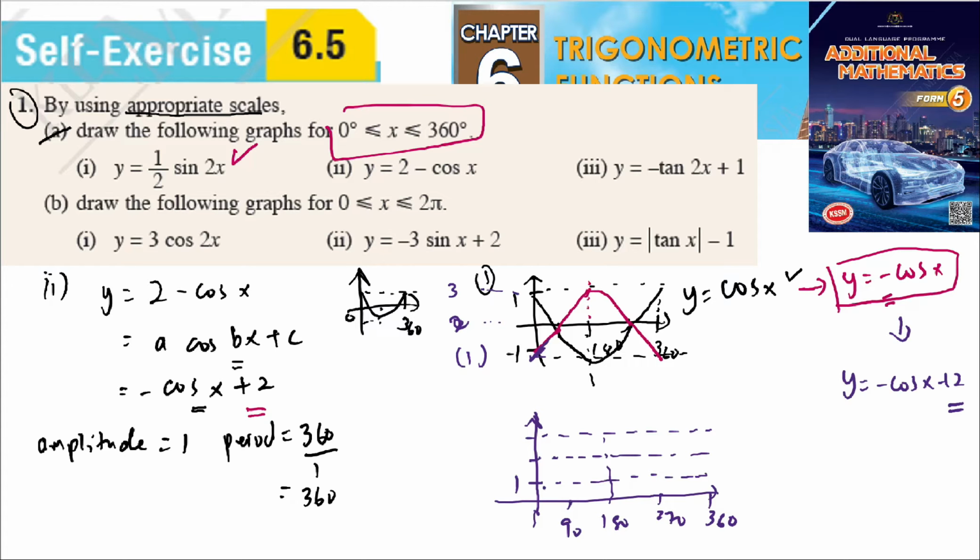If this one is 90, crossing 90, and this one is 180, crossing 180, up until 1 at 360. So something like this. The shape is supposed to be something like this. So you do it one by one. First we do cos, after that we put negative, then the shifting of the graph should be the last one.